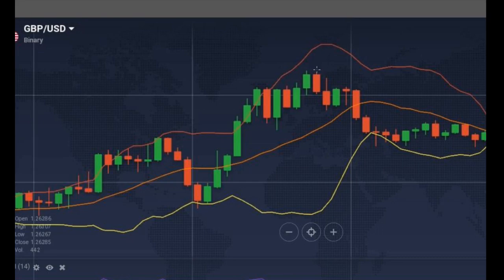This is a red marubozu, and I told you that when you're in an uptrend, your confirmation candle must be red. So this is a red marubozu, indicating a shift in momentum from the bulls to the bears.